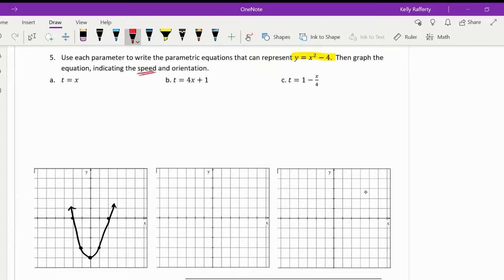And I threw in a new vocab word here, which is the speed, which is really just us writing in the t-values, to show the rate at which t increases, which is speed. So it really shows how, and I'm going to put in quotes, how quickly t changes.